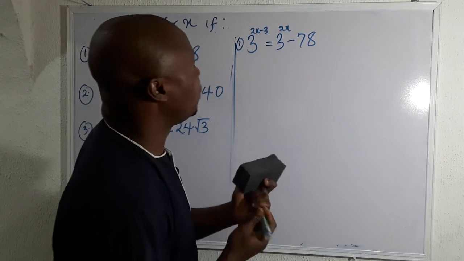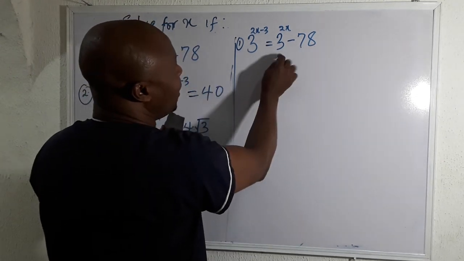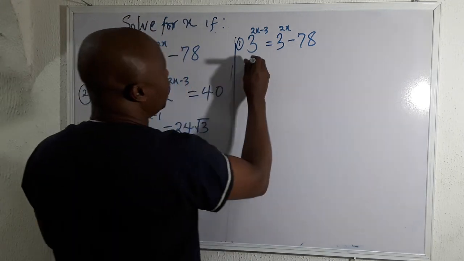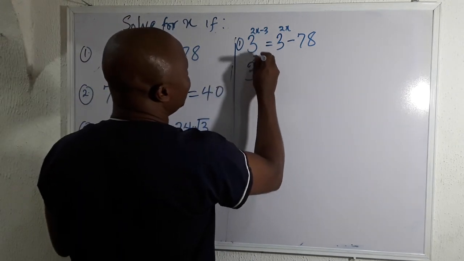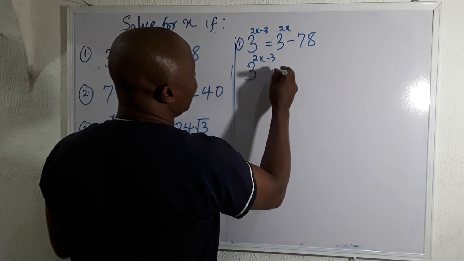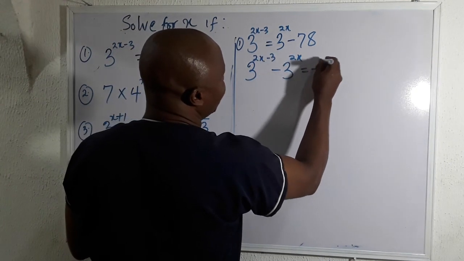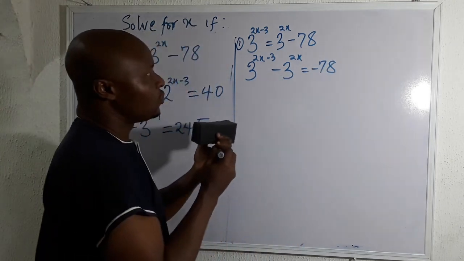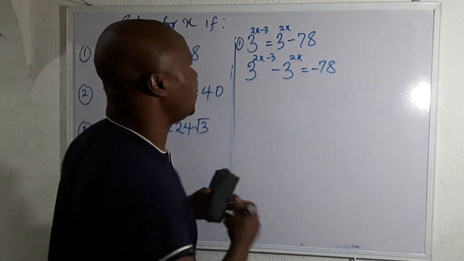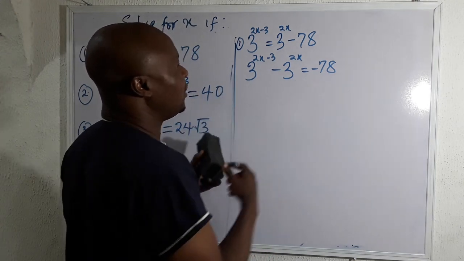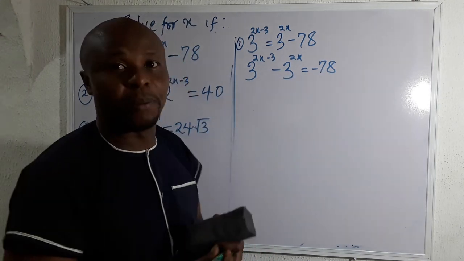So what we are going to do is to quickly move this term to the left hand side. That will be 3 raised to the power 2x minus 3 minus 3 raised to the power 2x is equal to minus 78. So what we'll do next is multiply through by a negative sign to change this to become positive.